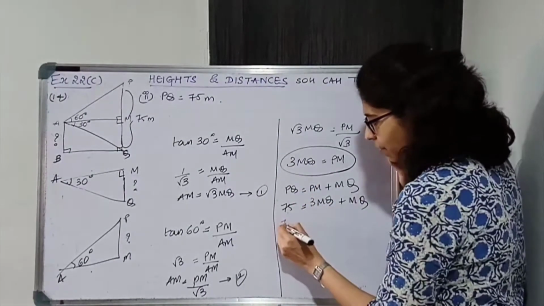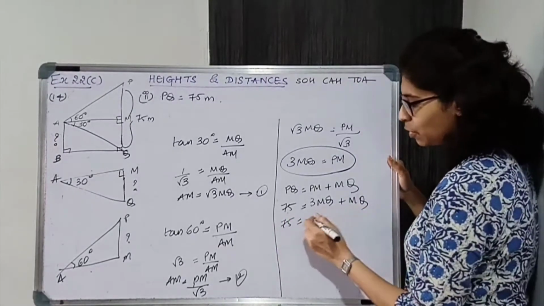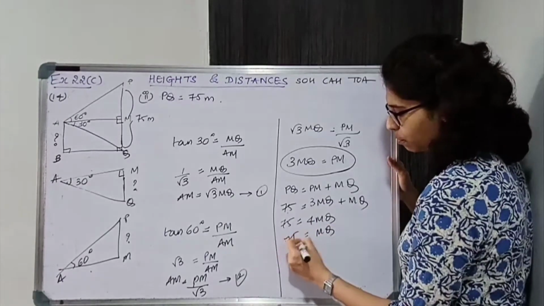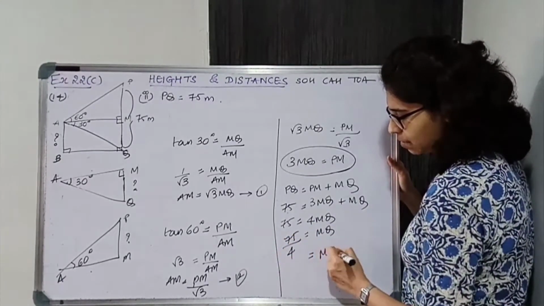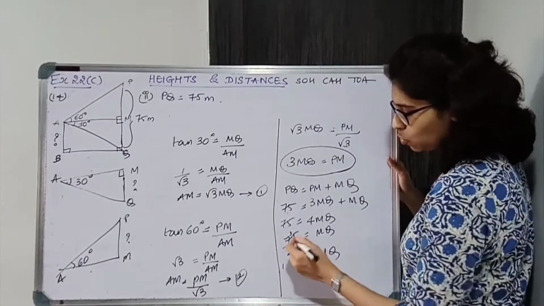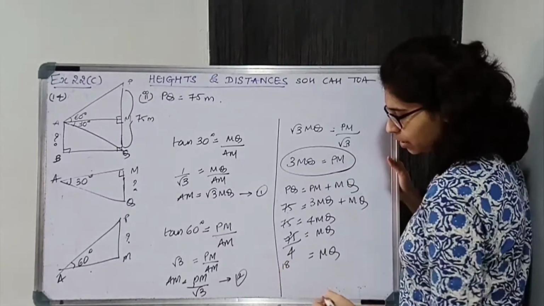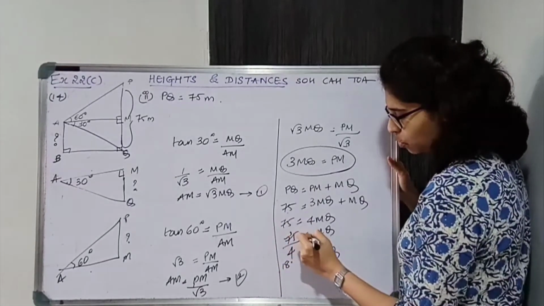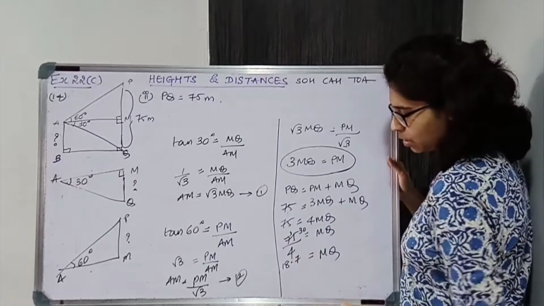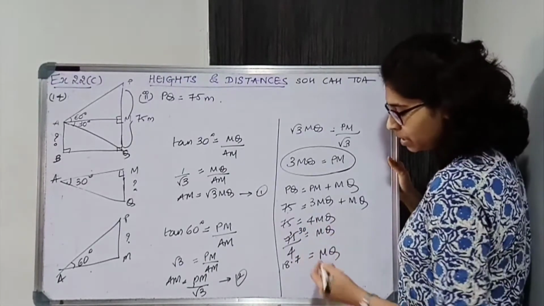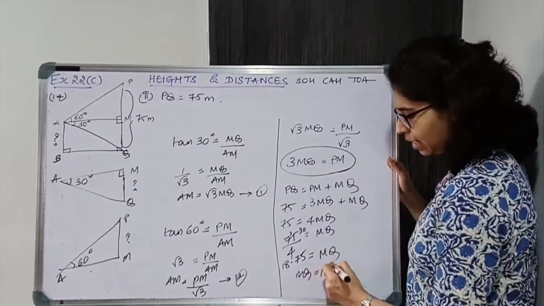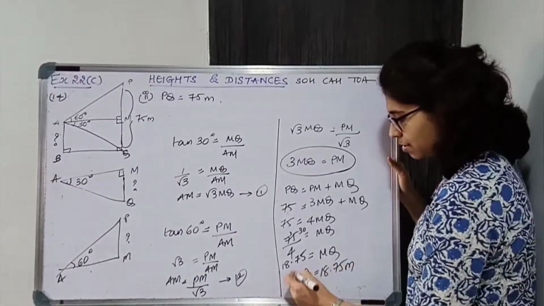Okay, so 75 is equal to 3MQ plus MQ, हो जाएगा 4MQ. So MQ is equal to 75 upon 4. So 4 1s are 4. Okay, 35. So it will be 4 8s are 32. Okay, so 3 remains. So 4 7s are 28 and 20. Okay, 2 remains. So 5. So we get MQ is equal to 18.75 meters.